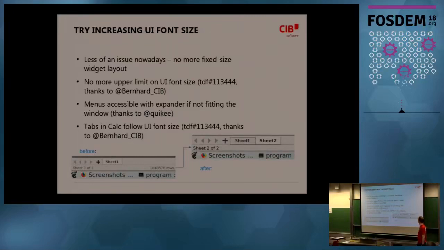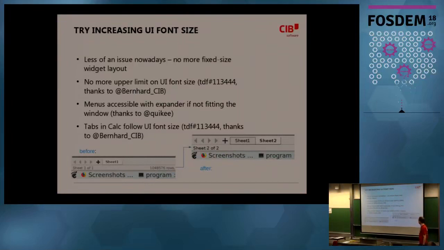Do that and check if things still look okay. Nothing is cut off. Everything is somehow, even if you need to scroll a bit or move things a bit around, but it's still that you can get to the user interface controls, that nothing is hidden, nothing is cut off.